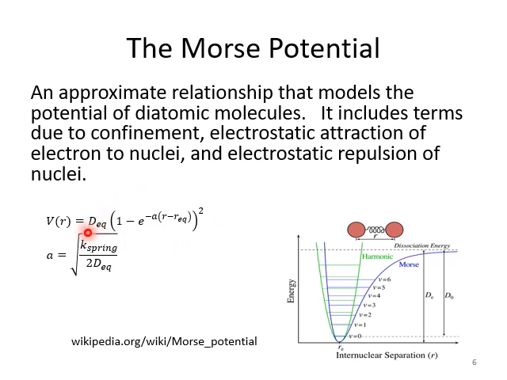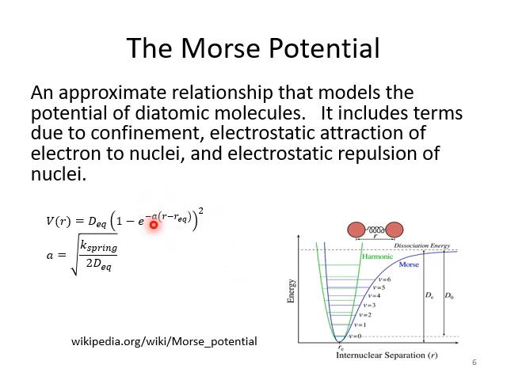But the three terms that actually describe it are D equilibrium, which tells us something about the depth of the well. So that's the strength of the bonding. Then there's a term A here which multiplies the radius, which tells us something about the sharpness of the well at the bottom. You can think of it as a spring constant.